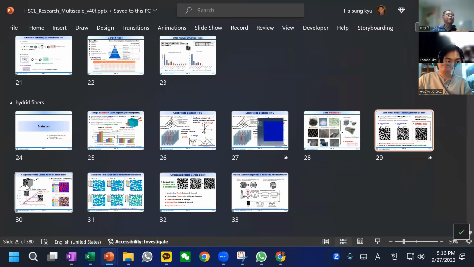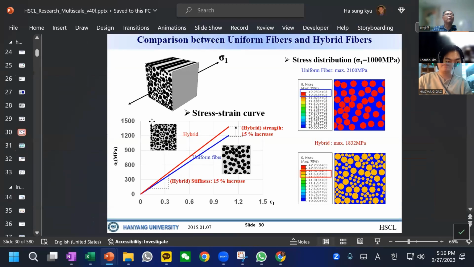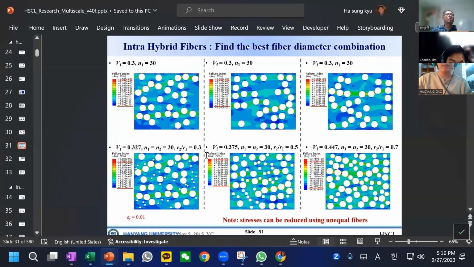If we hybridize, the stress-strain can be controlled depending on the designer, and we can also analyze what kind of stress will distribute depending on the fibers and things like that.